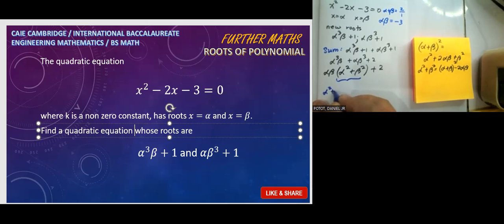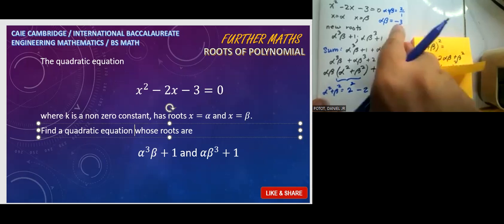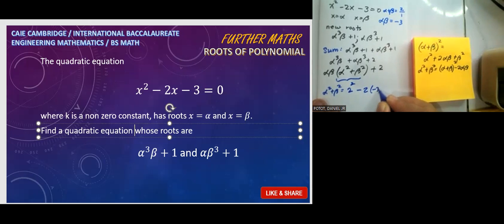Alpha squared plus beta squared is equal to alpha plus beta, which is 2, squared, minus 2 times alpha beta, which is negative 3. Then 2 squared is 4, plus 6. Therefore, that's equal to 10. So this part here is 10.